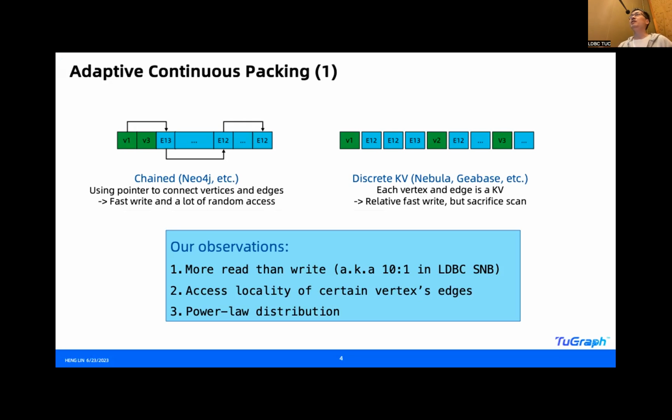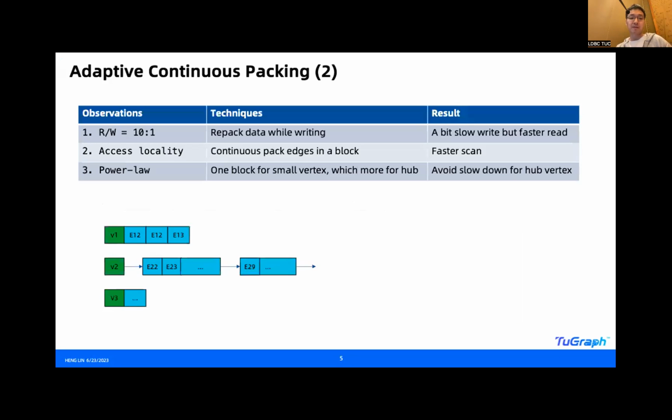When we visit one vertex, we also want to visit all its out edges or all its in edges, so the edges should be in the same place so we can access them sequentially. The last is the power-law distribution, where the degrees of different vertices are different. I wrote the three observations, and we use some techniques with results behind each.